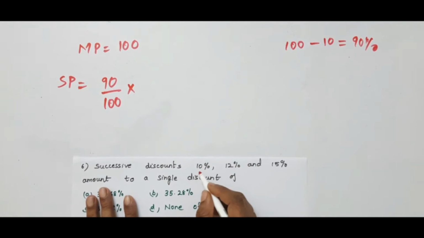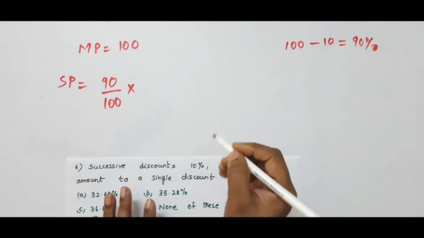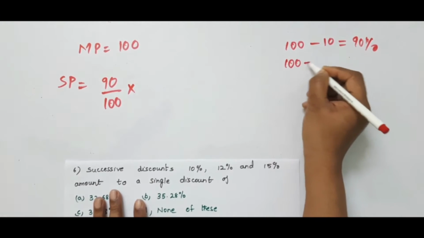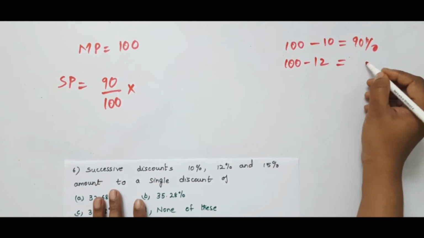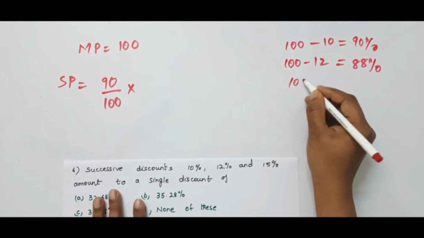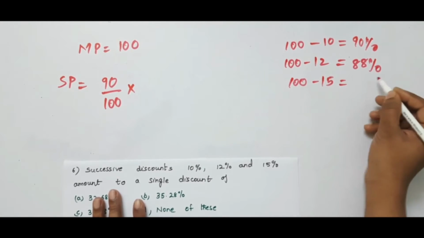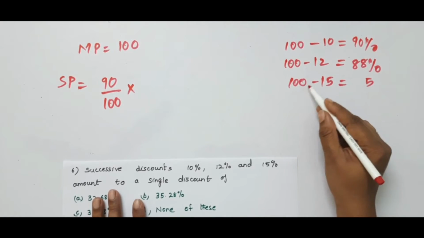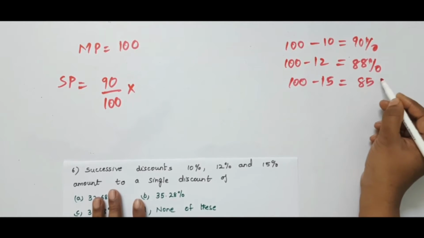That is, 100 minus 10 percentage into market price. The same thing we have to do here. So 100 minus 12 is 88%, and 100 minus 15 is 85%.